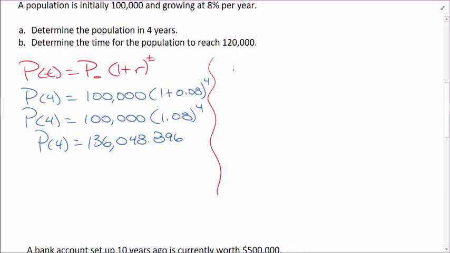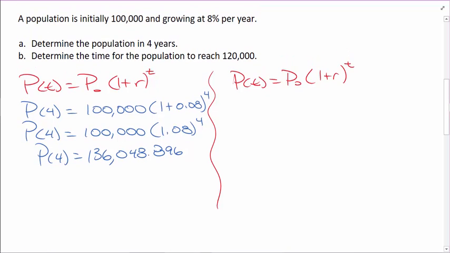Part B here throws away the 4 years. We're now going to talk about P of t equals the initial population times 1 plus r to the t. We still have that initial population of 100,000. We still have that growing at 8%, but now we have a population and we're determining the time. So when we substitute in, we know the population is 120,000 with an initial population of 100,000, a rate of 8%, and we're solving for t.